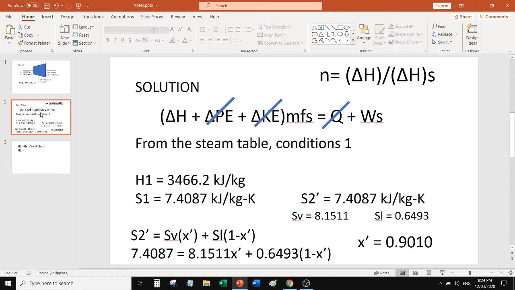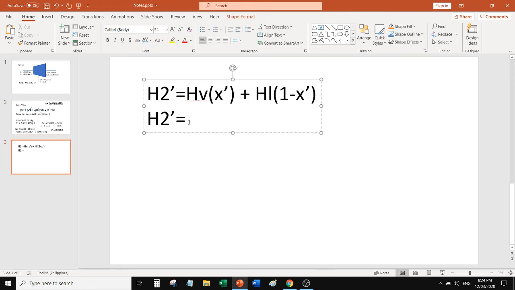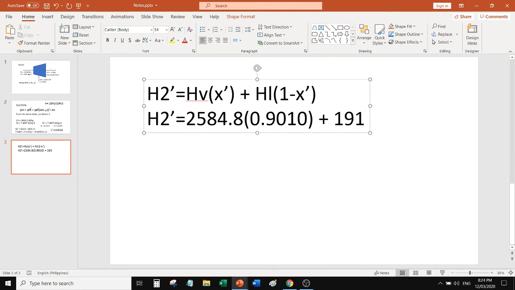HV, galing sa steam table, 2584 kilojoules per kilogram, times yung x prime na na-solve kanina, 0.901, plus, galing ulit sa steam table, 191, yung HL na binasa at 10 kilopascals, times 1 minus 0.9010.